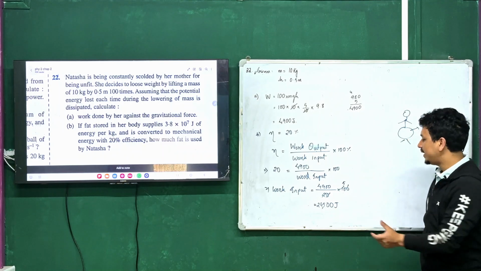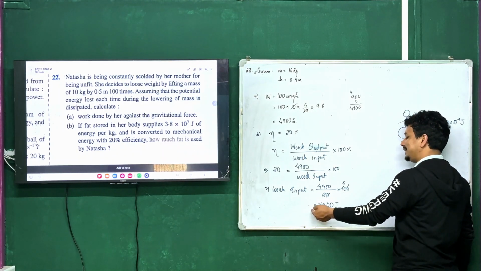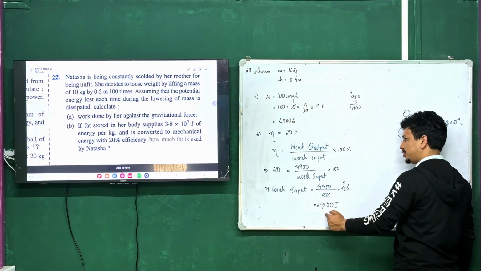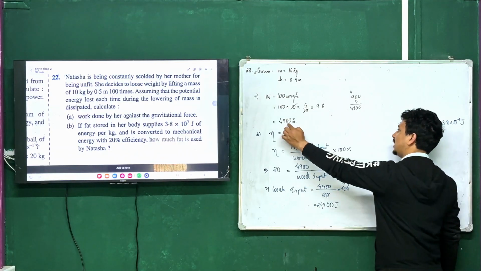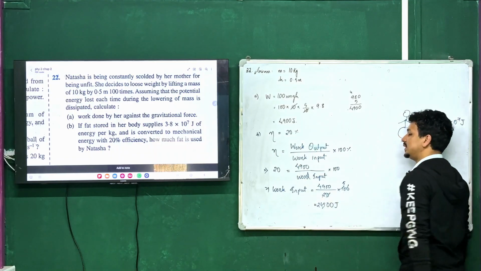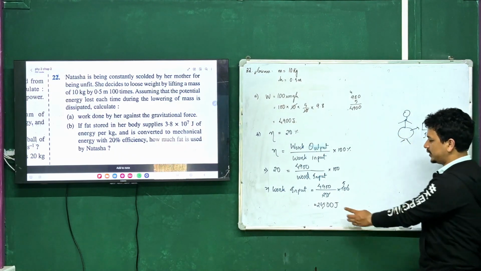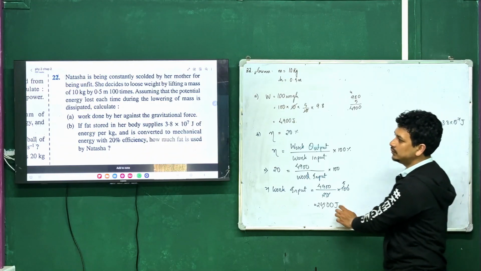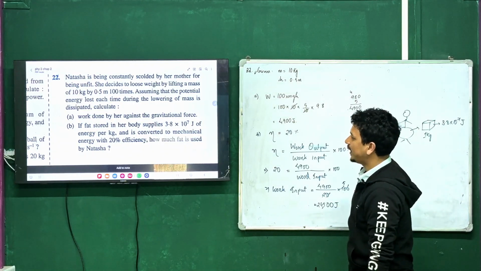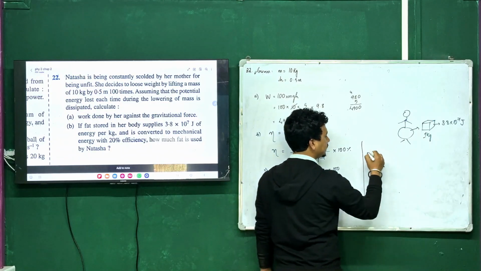Try to understand why fat is producing more energy. The fat itself has to produce more energy so that a lesser amount of energy can be received. Why? Because efficiency is 20%. Are you getting it? So this much energy we have to get, but we have to find what mass of fat is required. So how do we find that?